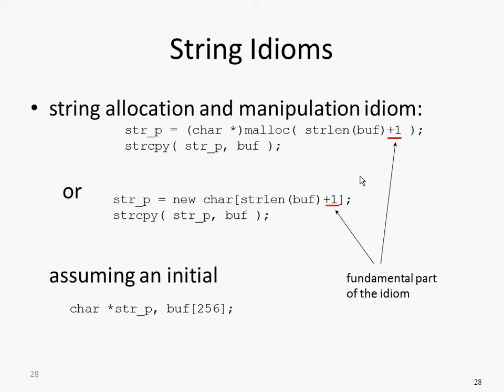So this is the actual allocated memory. And hence, ladies and gentlemen, we need this +1. So if we're going to create a new character array using malloc, or using new in C++, we've got to take into account this extra character that's hidden from strlen before we copy it.